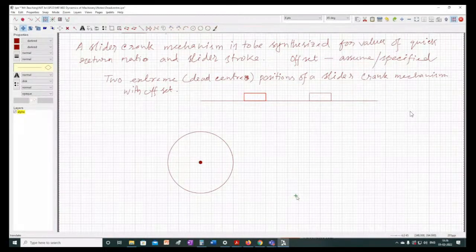Okay. Although, since this is just an example, the lengths will not be exact. Just for example, this is the dead center problem we are doing.